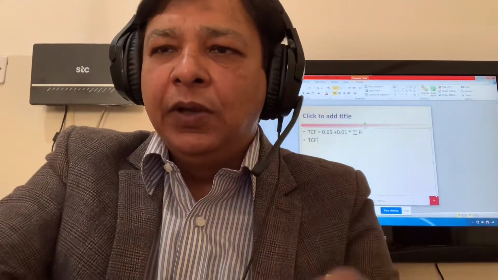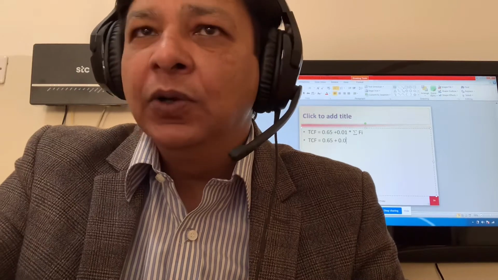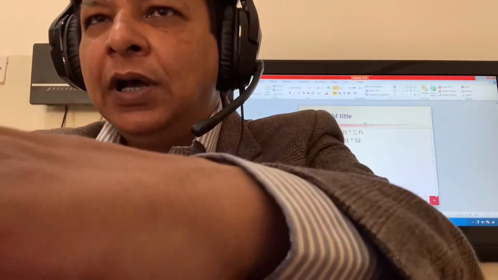So that is equal to 1.17. First solve this bracket and then add it to 0.65.